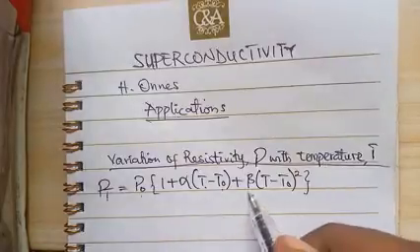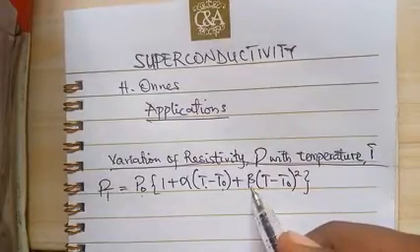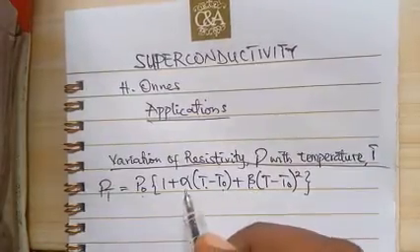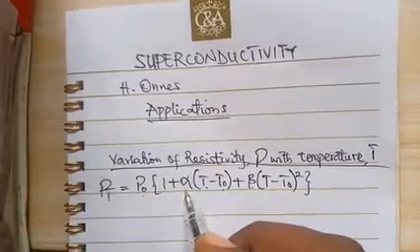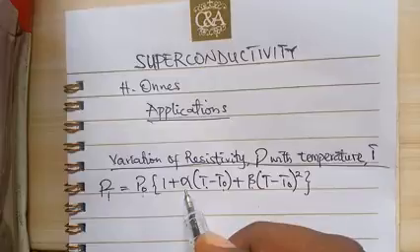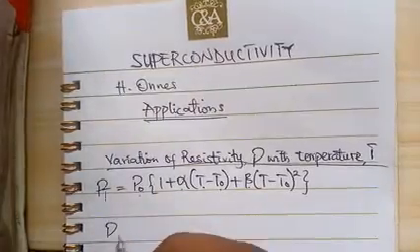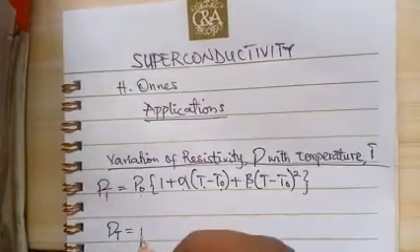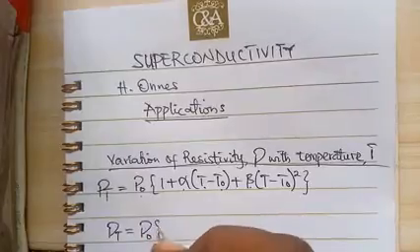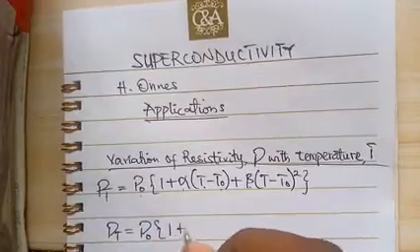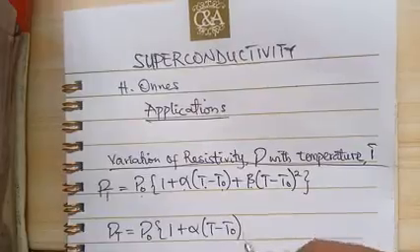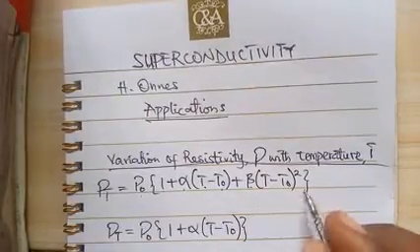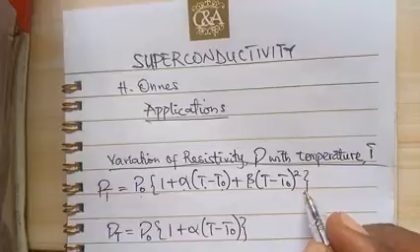Now, the constant beta is very small compared to the constant alpha. Because of that, for moderate temperature ranges, the law of variation is taken as rho T equal to rho 0 into 1 plus alpha into T minus T naught. We ignore the beta term because it is irrelevant.